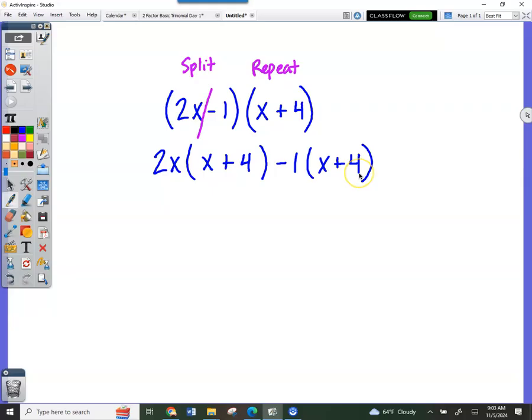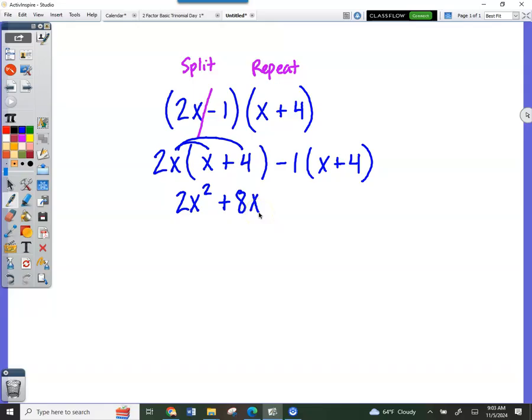Now what you've done is taken a binomial times a binomial and rewritten it as a monomial times a binomial, and it's a lot easier. I hope you're listening. So we're going to multiply 2x in here. We would get what? 2x squared plus 8x. Those are your signs, right? Carly, are you with me?